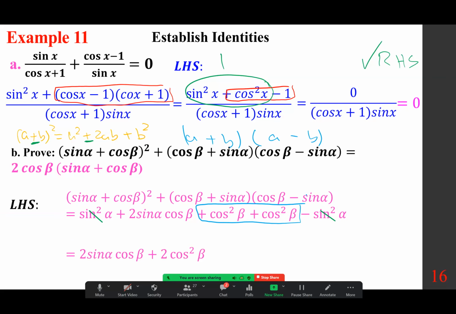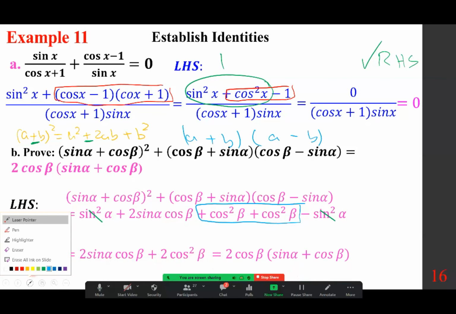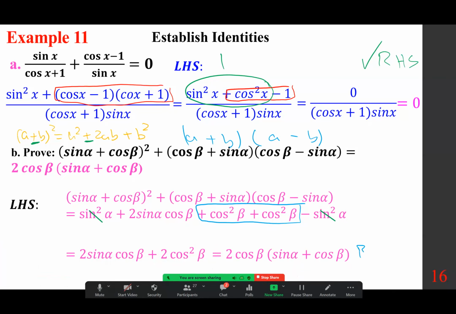So we factor out number 2. We factor out cosine beta. 2 cosine beta. When we take out 2 cosine beta, we are left with sine alpha here plus cosine beta here. And that is the right-hand side. This expression, and we are done.